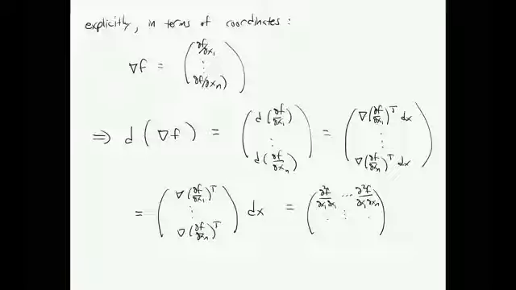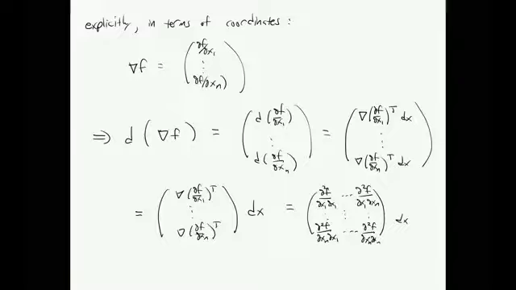And then the last row is the same thing: partial squared, partial f, partial xn, and I take its derivative with respect to x1 all the way to its derivative with respect to xn, times dx. Right? And this is a matrix of second derivatives.